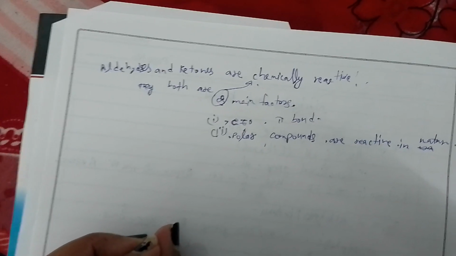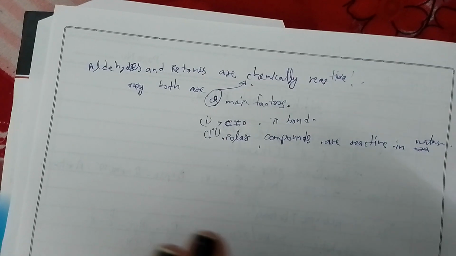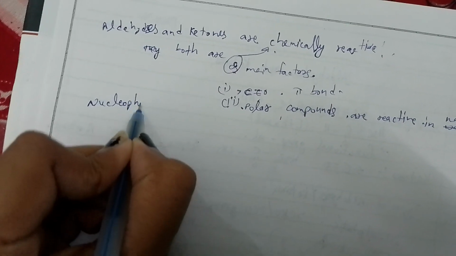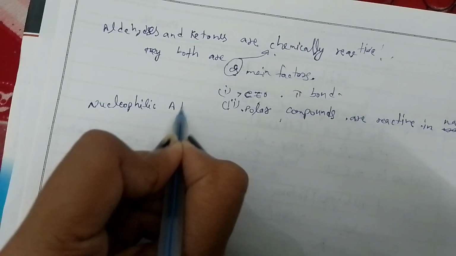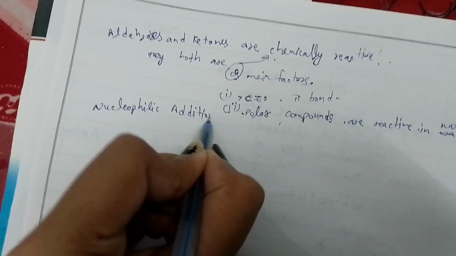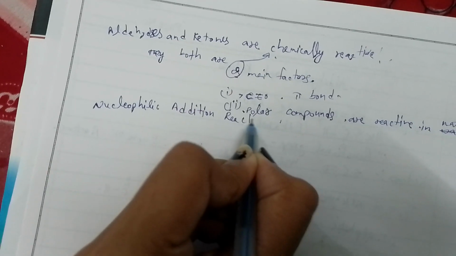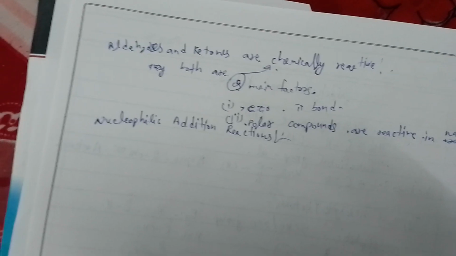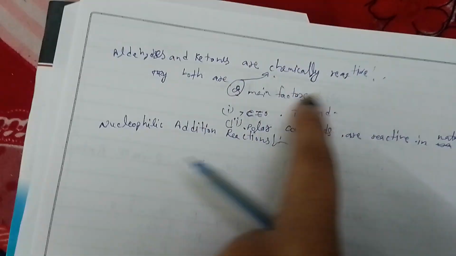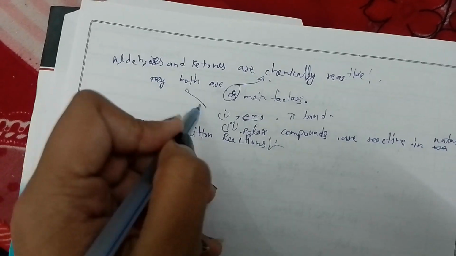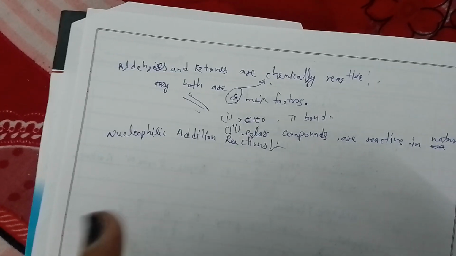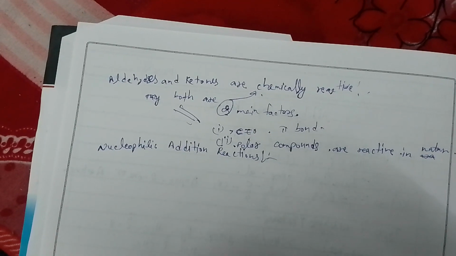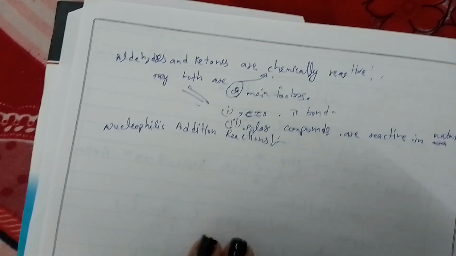Next we will see whether aldehyde and ketone show nucleophilic addition reaction or not. Due to the high electronegativity difference we explained above between carbon and oxygen atom, there occurs separation of charge and unequal pi electron density between the carbon and oxygen atom.